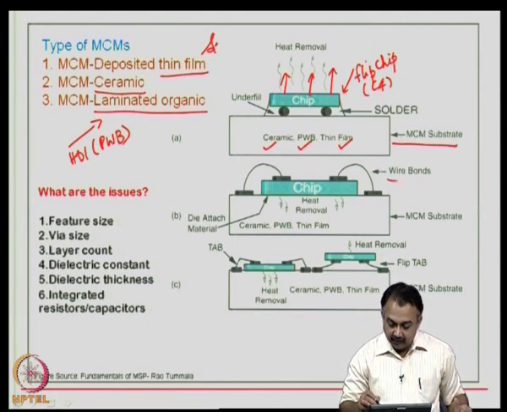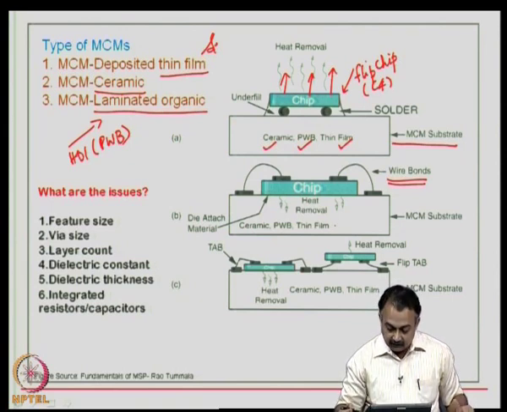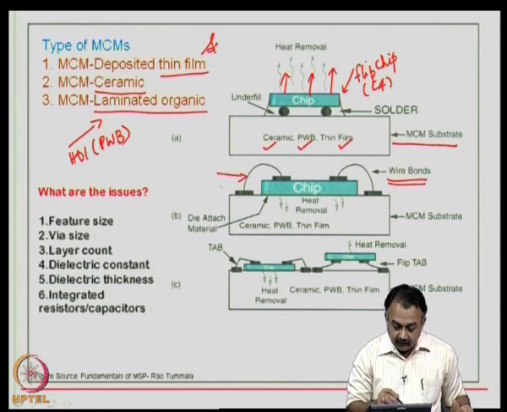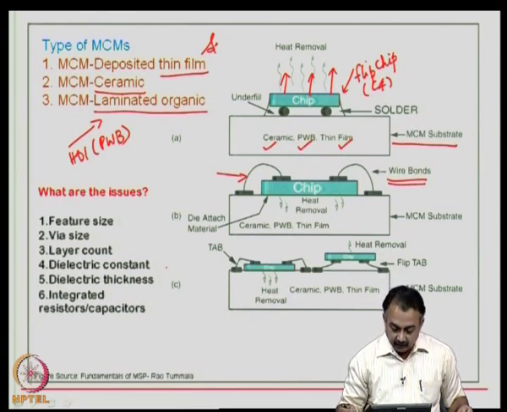Then you can have wire bonding done on an MCM substrate. So, here again all the three possibilities of having a ceramic, organic or a thin film can arise. So, here you will see that you have a chip that is bonded onto the substrate by a gold or a aluminum wire bond.